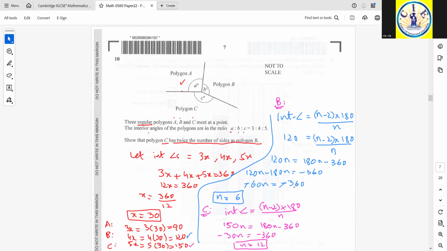So we have shown that the number of sides of polygon C is 12, which is twice the number of sides of polygon B, which is 6.